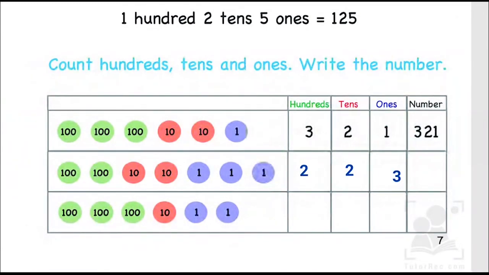So it becomes 223. You have to do this last one on your own because it is very simple. You have to just break it up. It's already mentioned, you can see the colors have been given over here.